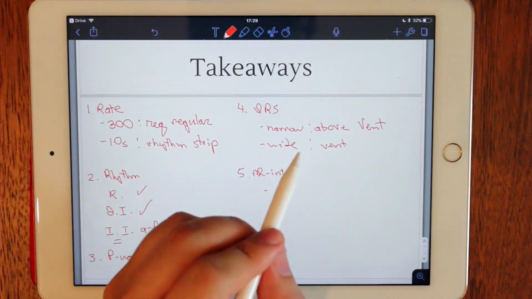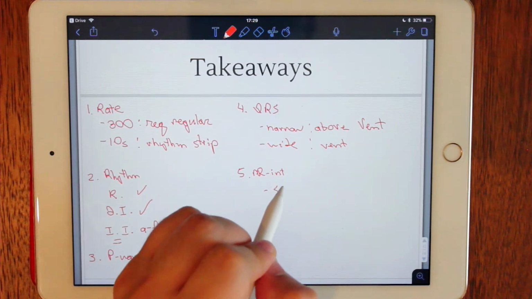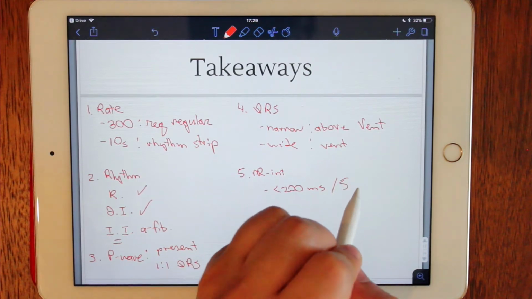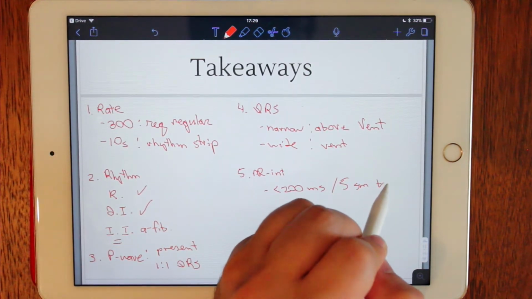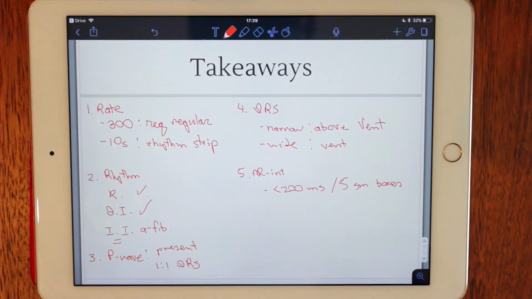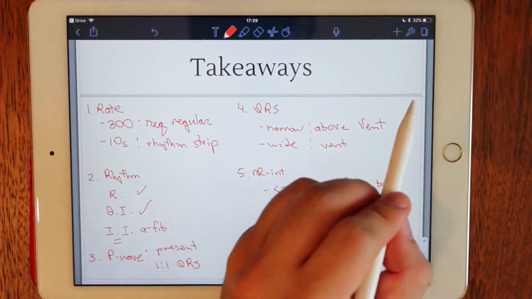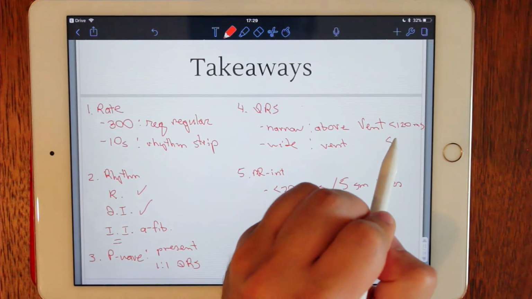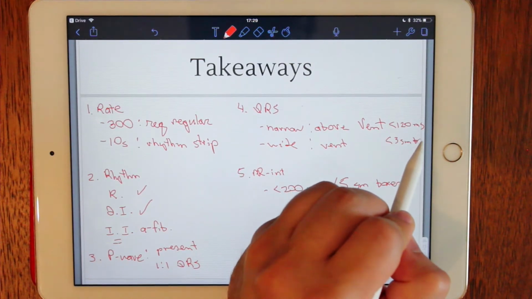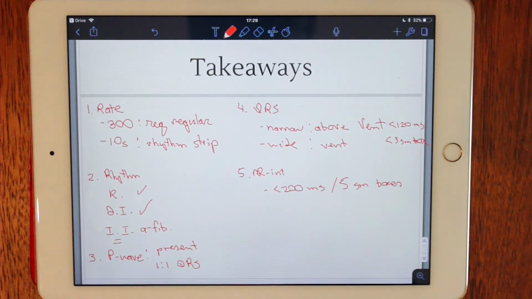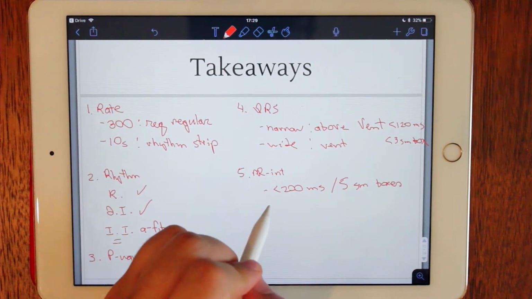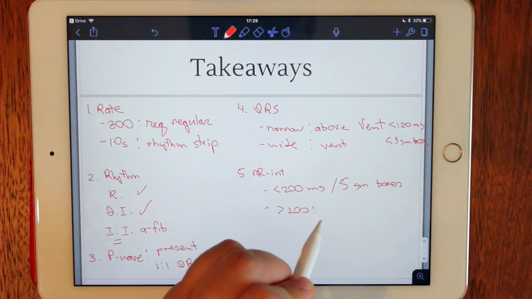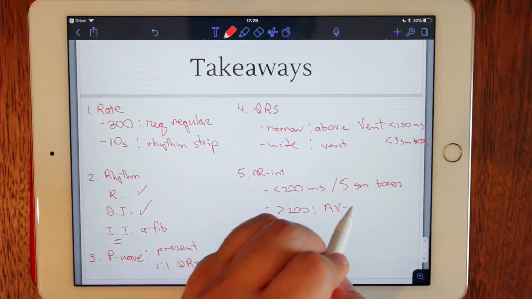You'd like that to be below 200 milliseconds or 5 small boxes. Oh, apologies. Here for a narrow QRS, you want that to be below 120 milliseconds or less than 3 small boxes. Okay. If the PR interval is above 200, you're likely dealing with an AV node issue.